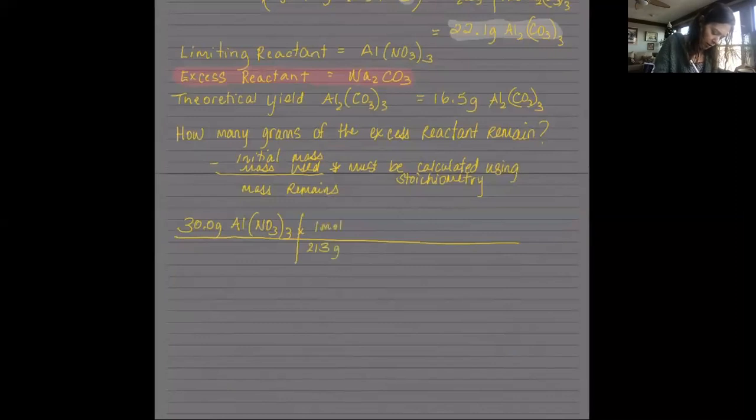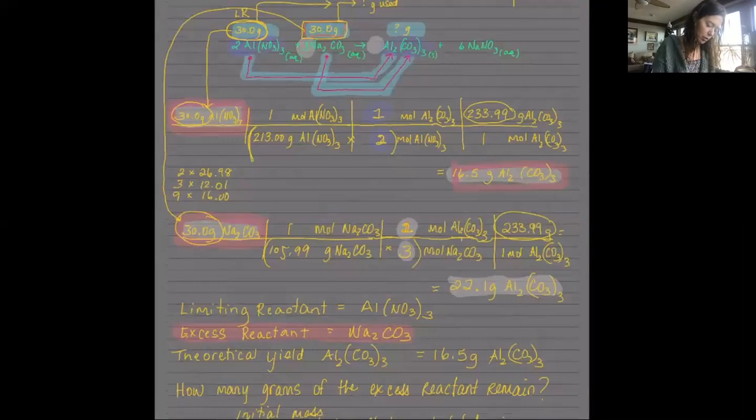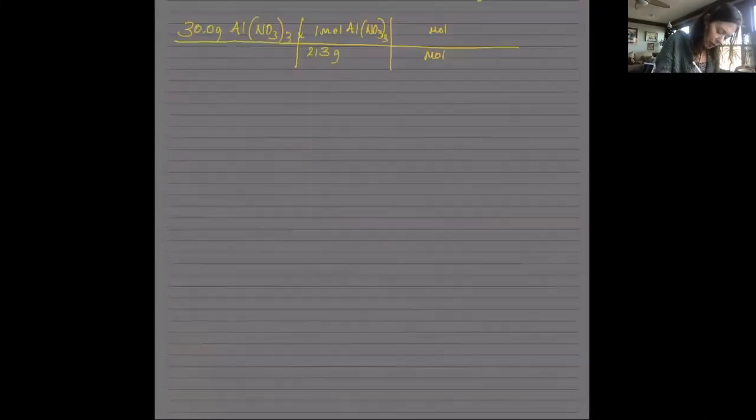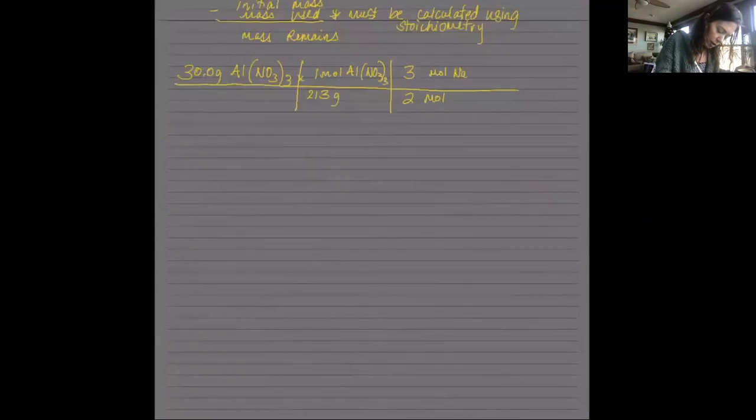Why are we converting our grams to moles? So that we can use our mole to mole ratio. Moles of what we have, limiting reactant, 2, to moles of what we need, excess reactant, 3. And that is sodium carbonate, okay?